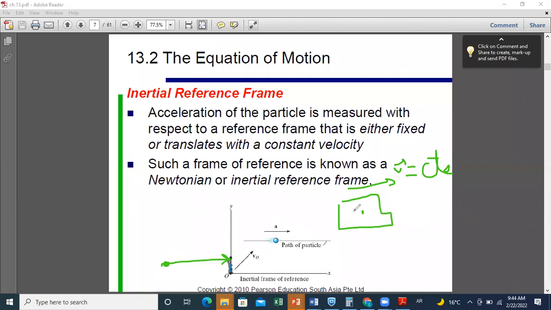However, if the car is accelerating, then the acceleration you measure in the absolute frame will be different from the acceleration you measure in the car.